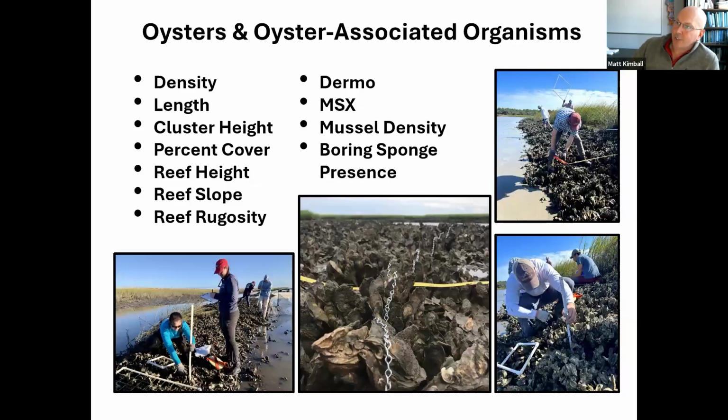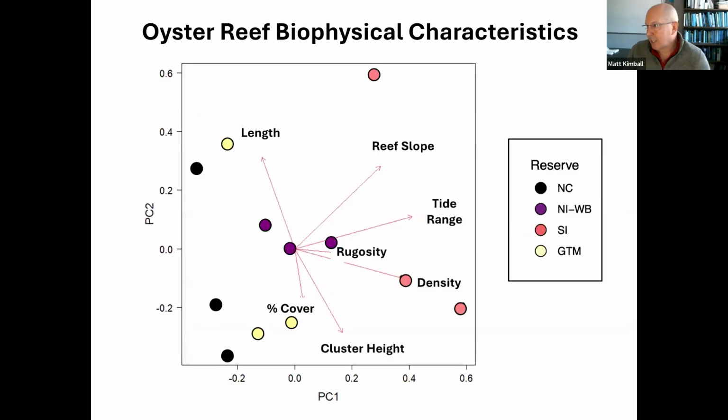For the traditional oyster biophysical measurements, oysters and oyster-associated organisms, these are pictures from the field collections: oyster density, oyster length, cluster height, percent cover, reef height, slope, and rugosity. Then we're looking at the reef-associated biota like dermo, MSX, mussel densities, boring sponge presence, that type of stuff. So we took these measurements on all 12 reefs.